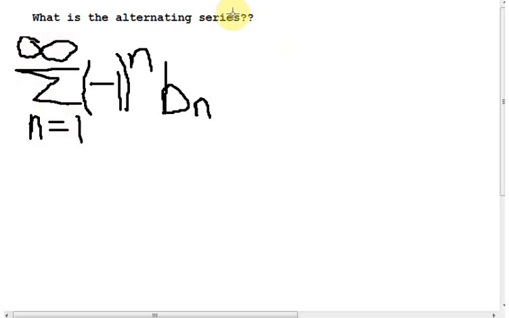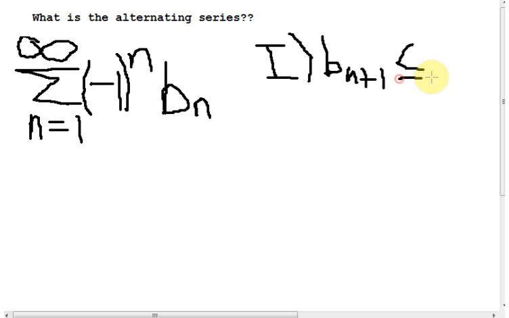So typically, to find out if a series is alternating or not, there are two conditions that it would meet. The first one would be that bn plus 1 would have to be less than the term bn.